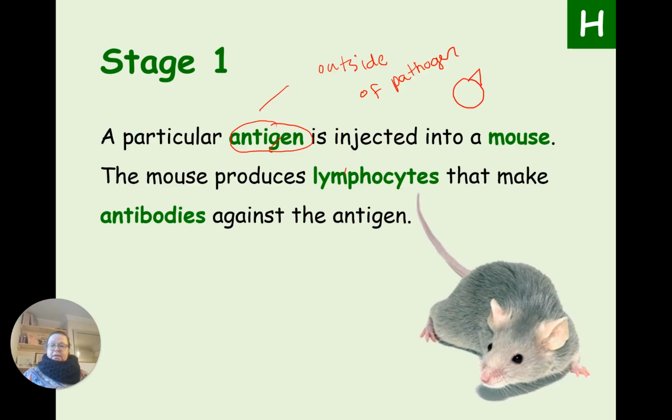The mouse is then going to, as a natural response, make lots of white blood cells, and they are going to make antibodies against the antigen. Those antibodies are all going to be identical, because they are the complementary shape to the antigen that we've injected. So at the moment we've got some antibodies that are the correct shape.